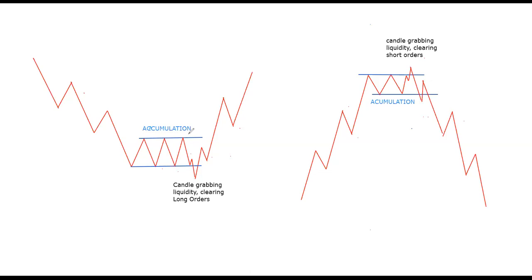The banks also need the other side of their trade to be filled. So if they're going to buy, they need someone who will sell to them, and if they're going to sell, they need buyers. But the good thing about this for them is the fact that they can create these things. That's how the manipulation of the market happens.